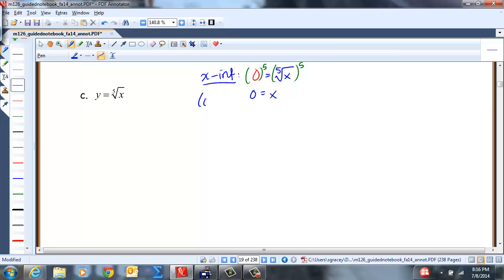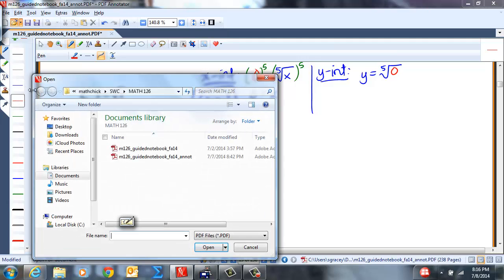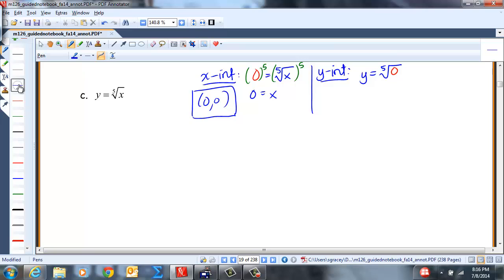So the x-intercept is 0, 0. You're going to find out that's going to be our y-intercept too, but we'll go through the process. So now we'd be evaluating the 5th root of 0, which is 0. So our y-intercept is 0, 0, right at the origin.